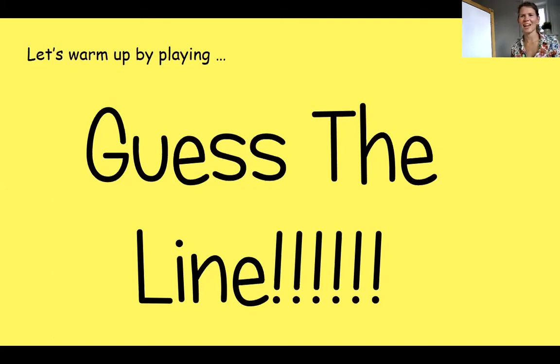Can you draw that line on your scrap piece of paper? I'll do it once again. Now let's see if you got it right. That was my horizontal line. Okay, you ready for the next one?